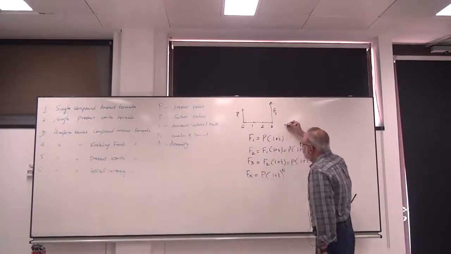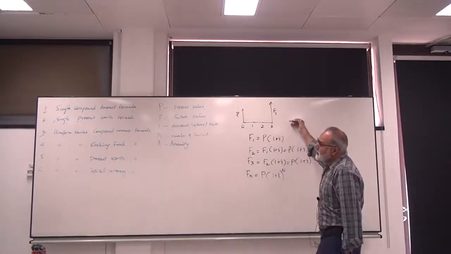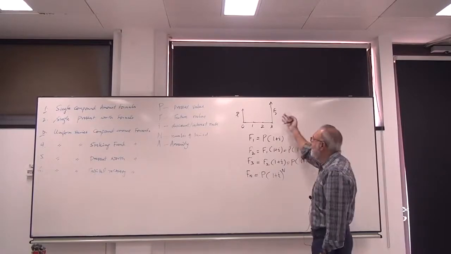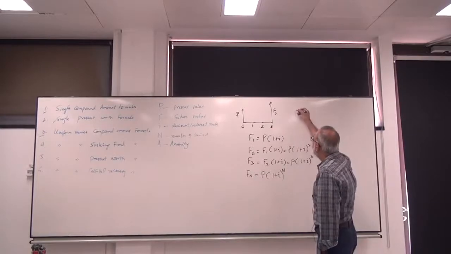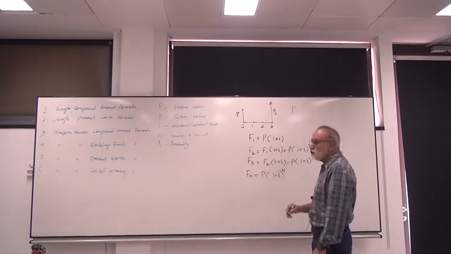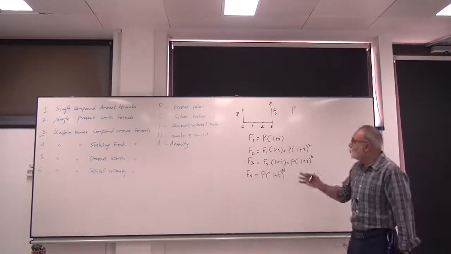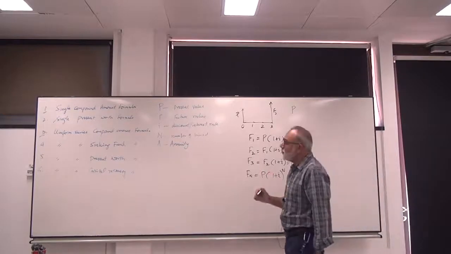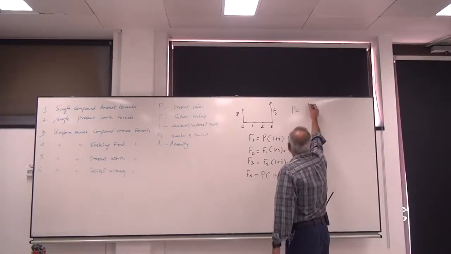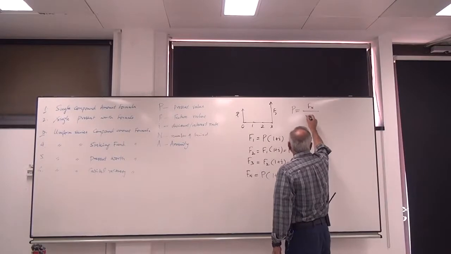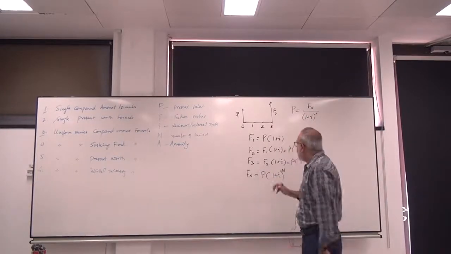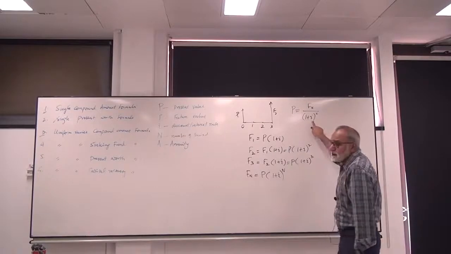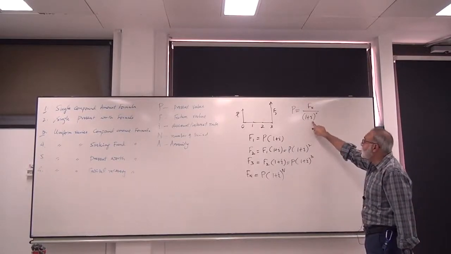Then we have the single present worth formula, which is basically the same, we just invert this equation and we will have the present value. So if there is a future value given and we want to bring it to the present, then P is equal to Fn over 1 plus I raised to the power N, where I over here is called the discount rate.